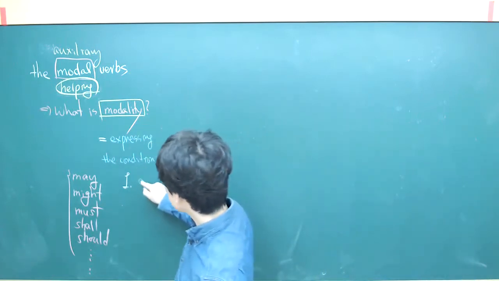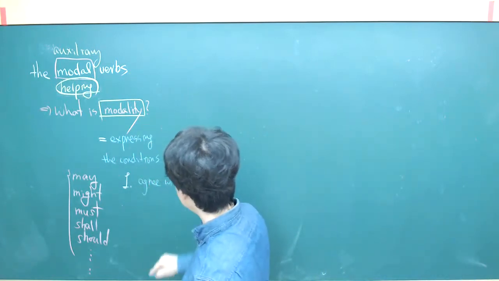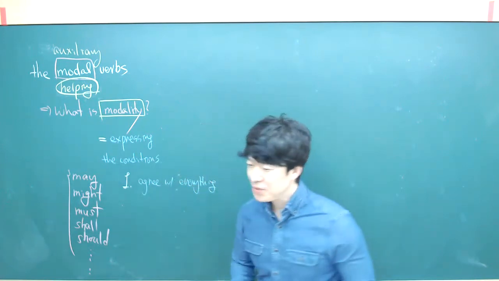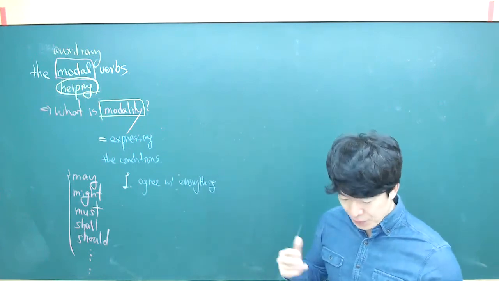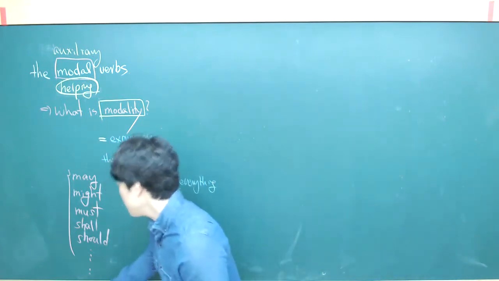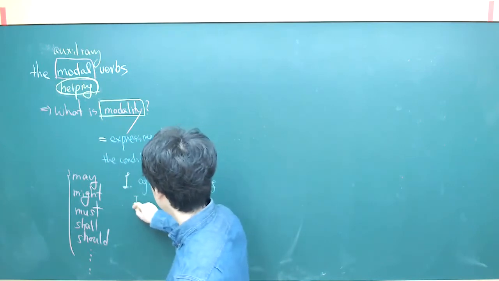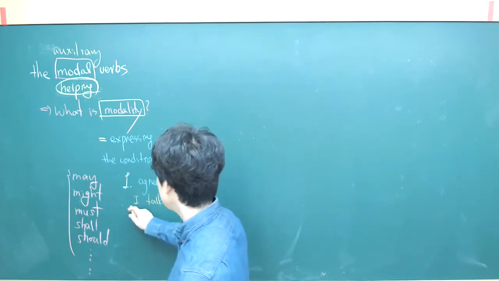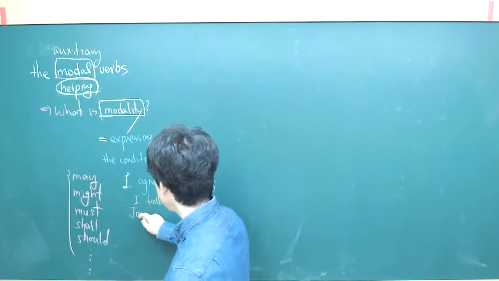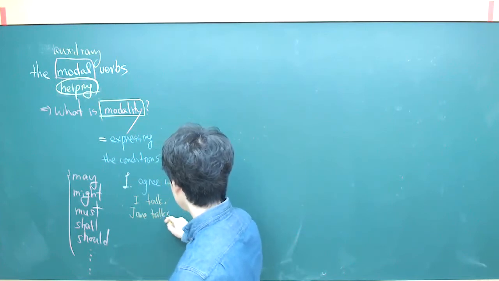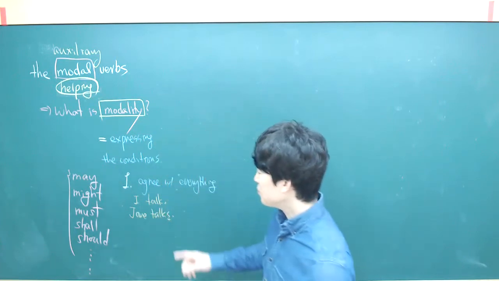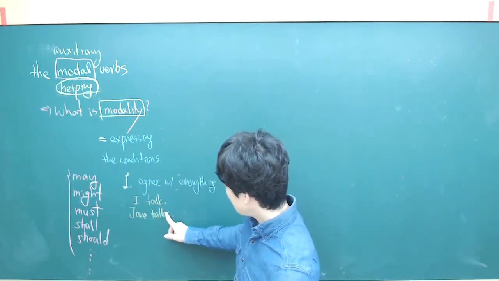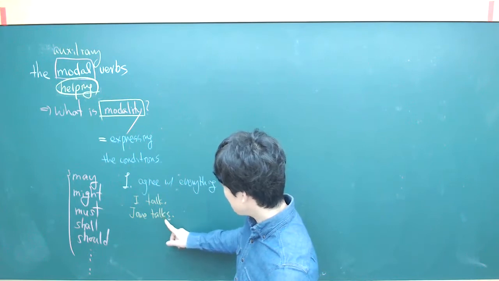The modal verbs agree with everything, which means, for example, we use the main verb like I talk, but Jane talks, right? Because this is present and you have to add s at the end of the verb.